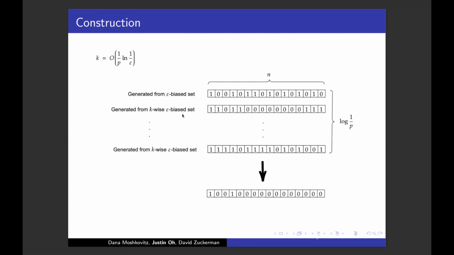And you can see here that the seed length is something like 1/p times log n plus some lower order terms, because the k-wise epsilon bias sets are very cheap seed length wise and don't really contribute anything to this log n term. And if we use an efficient epsilon bias set, we can get a 1/p times log n seed length in total.